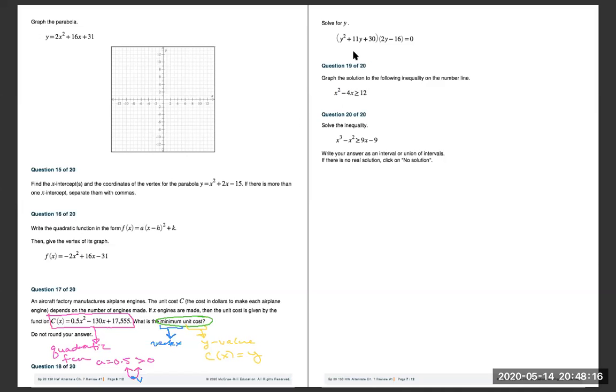Okay, all right, so we're going to find the vertex of the quadratic function listed here. Okay, that's the minimum part. And then your answer should be the y value.